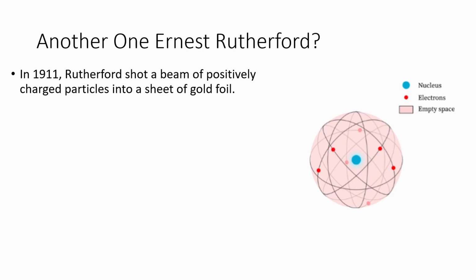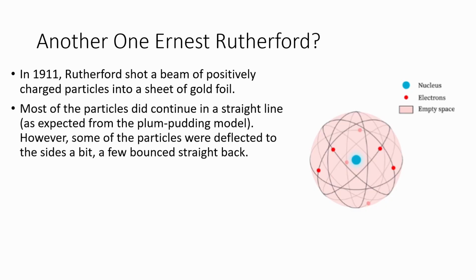So in 1911, he shot beams of positively charged particles into a sheet of gold foil. Most particles continued in a straight line, which was as expected from the plum pudding model. However, some particles were deflected to the side, and some bounced straight back.